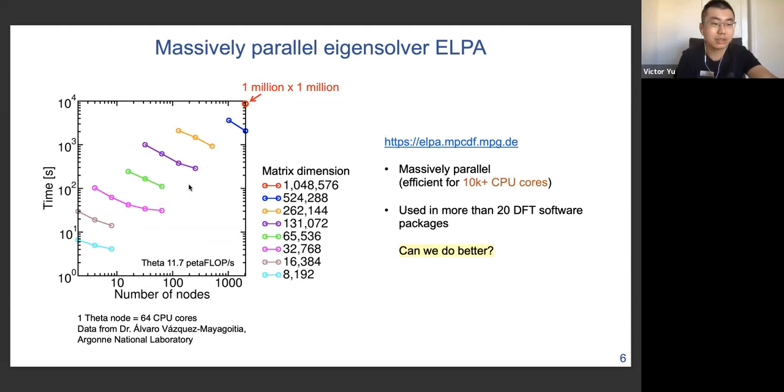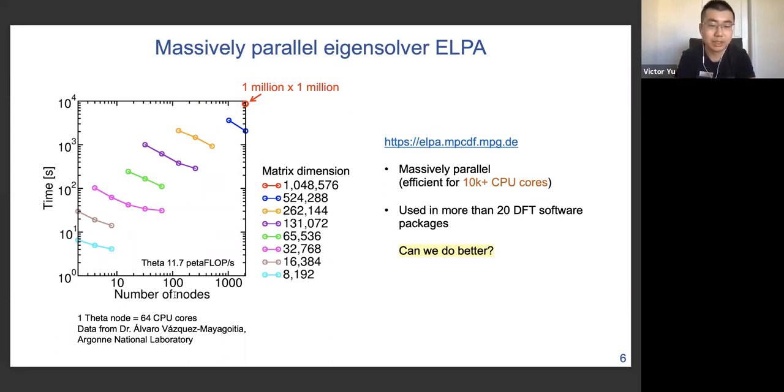This plot shows the ELPA 2 solver when solving eigenvalue problems of different sizes, ranging from 8,000 by 8,000, which is sort of small, all the way up to a very large matrix, the dimension of which is 1 million by 1 million, shown here. And the x-axis of the plot shows the number of nodes used to solve this problem.